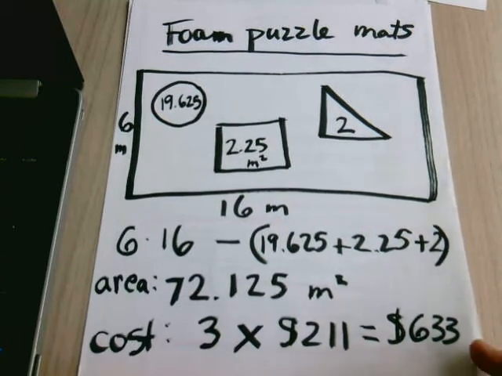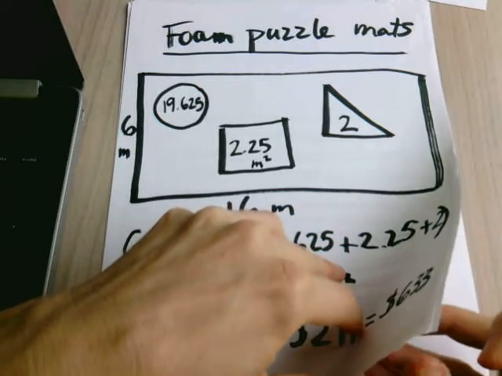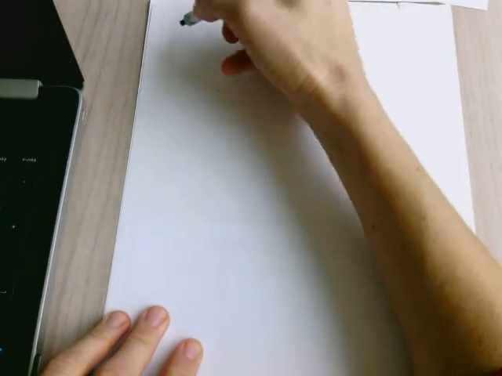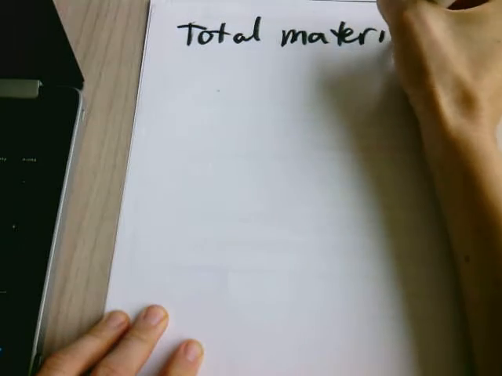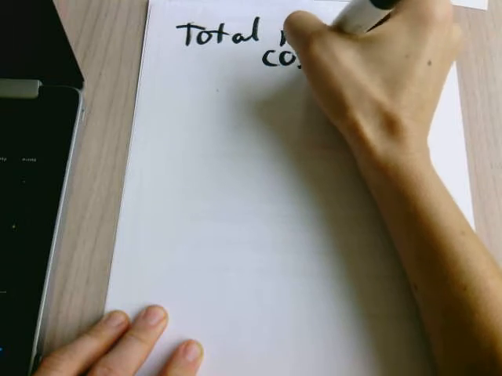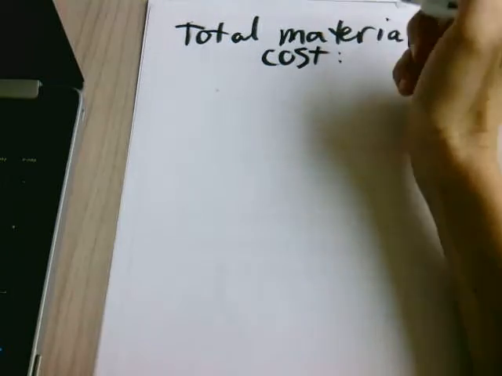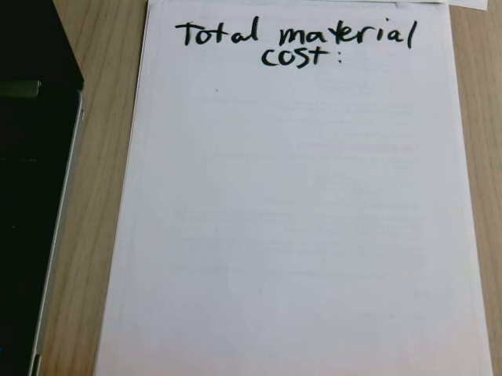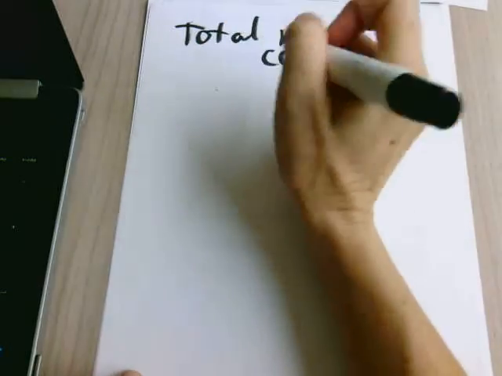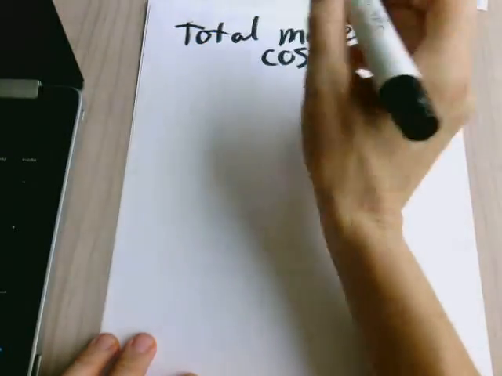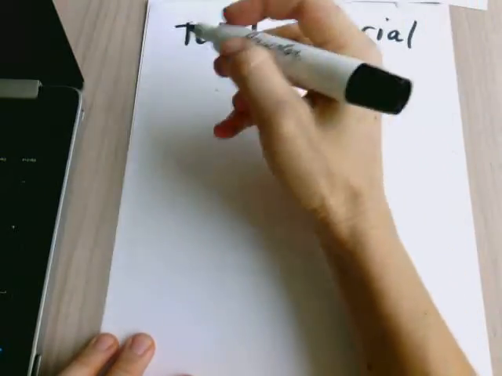Okay, we are almost done. Okay, and the final part is the total material cost. Okay, so all we need to do in order to find the total material cost is to add up the prices of all the materials.